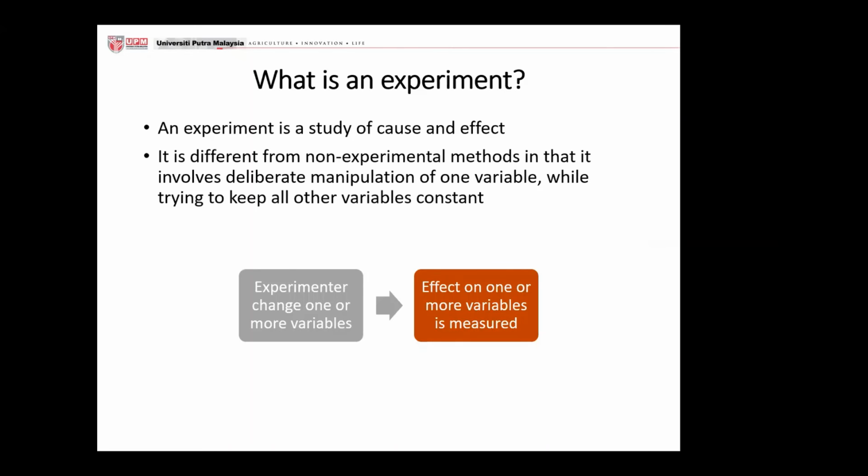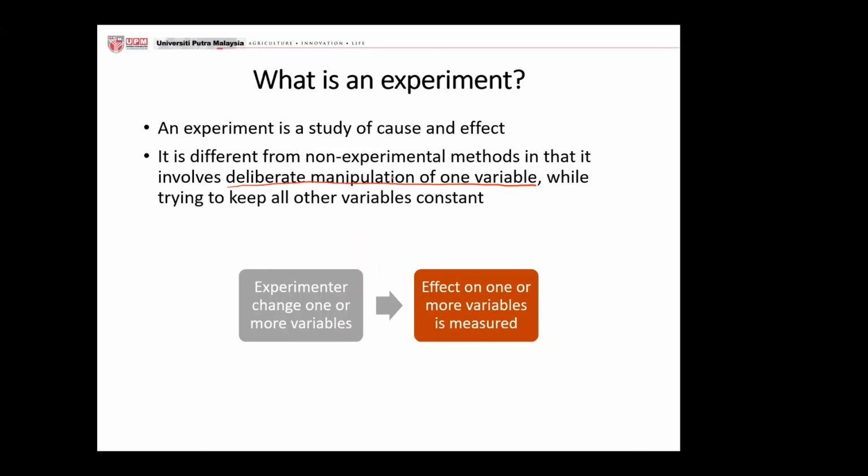Okay, so what is an experiment? An experiment is a study of cause and effect. It is different from non-experimental in that we deliberately manipulate one variable. With the case of smoking just now, we manipulate smoking.